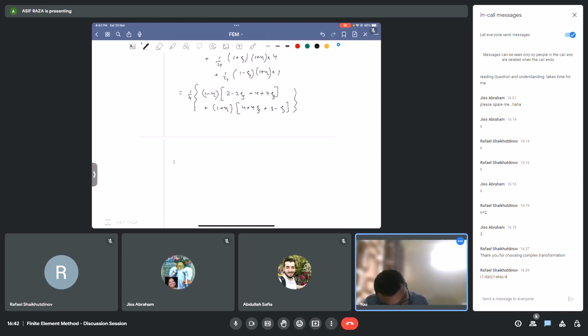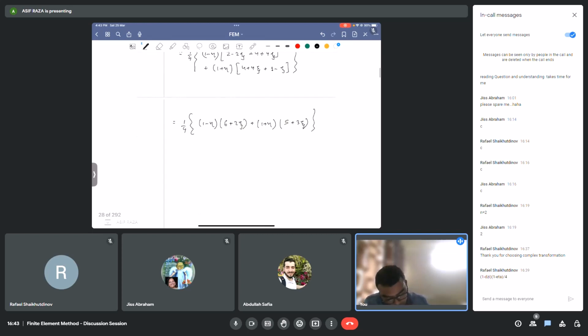So this will be equal to 1 upon 4, 1 minus eta. This is equal to 4 times (6 plus 2 xi) plus (1 plus eta). This is equal to 4, 5 plus 3 xi.